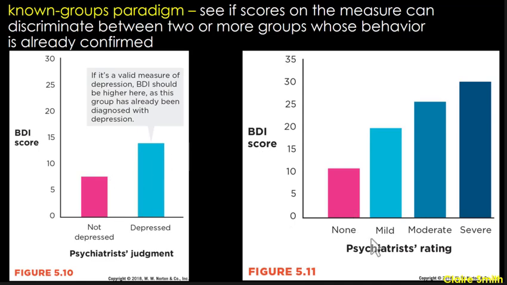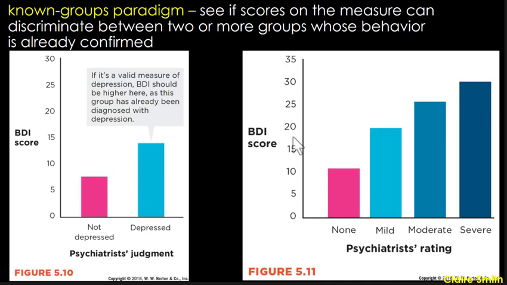We could also do it a little more advanced and have no depression, mild, moderate, and severe depression. To separate it out even further, so it's not just looking at basic depressed or not, but seeing if it can actually evaluate the severity of someone's depression. So if you have no depression, your score should be lower, mild will be a bit higher, moderate a bit higher, and severe should be the highest, right?